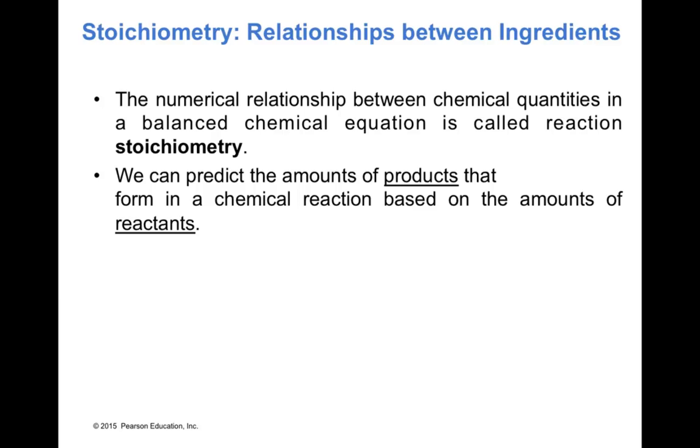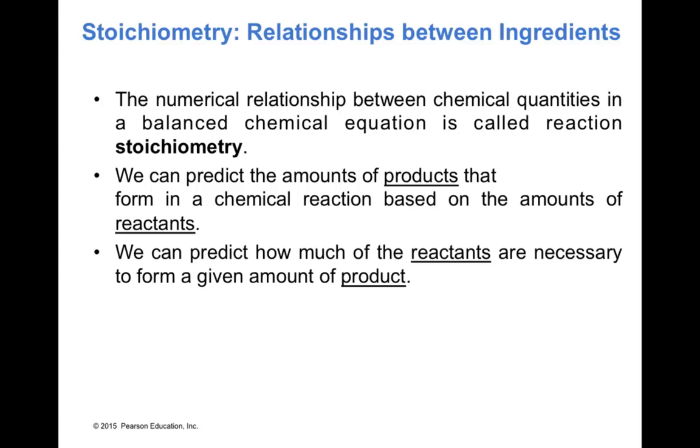We can predict the amount of products that form in a chemical reaction based on the amounts of reactants. If we know the balanced equation, we know how much of one of the products will be produced by knowing the amount of the reactant. Also, by knowing that relationship in the balanced equation, we can predict how much of the reactants are needed to form a given amount of product.